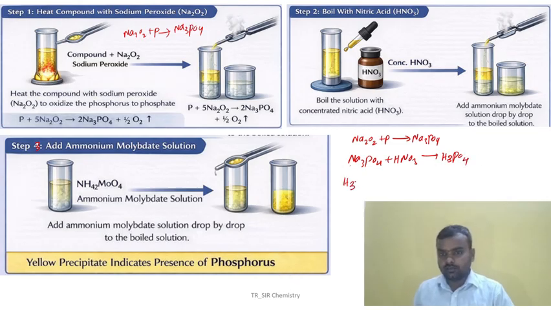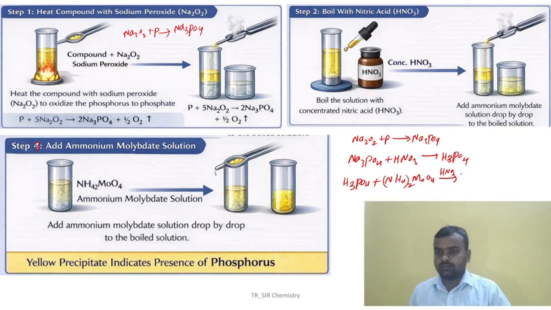Now this H3PO4 is treated with (NH4)2MoO4, and again add HNO3 here, so the molybdate is forming. What kind of molybdate is forming here?